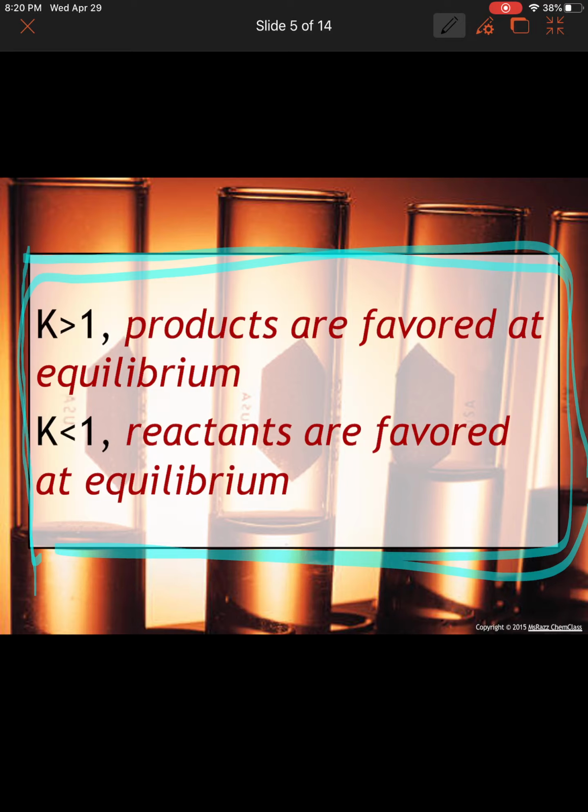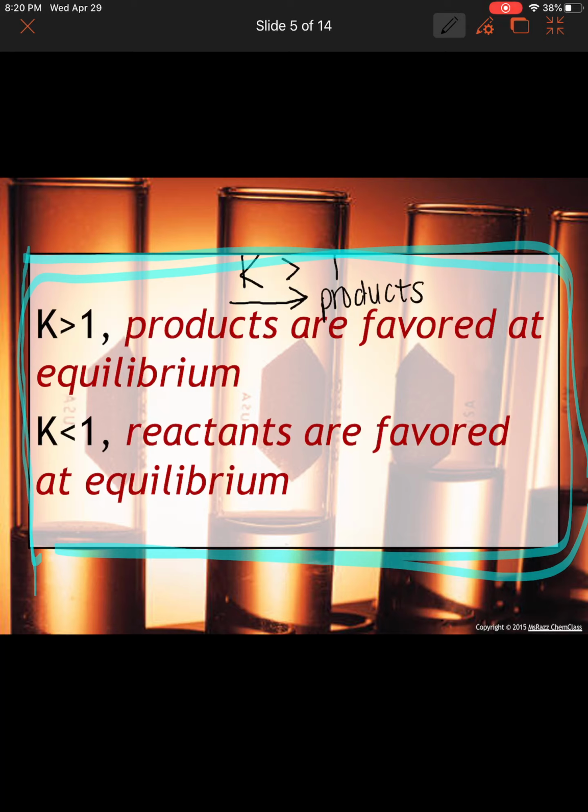If you have a K value that is greater than 1, that means products are favored at equilibrium. One way you can remember this: you have K greater than 1, so think of this greater than sign as an arrow pointing you towards your products.